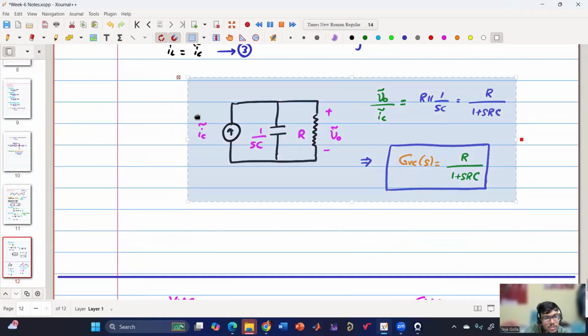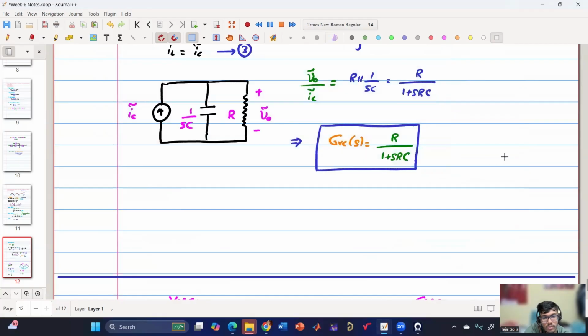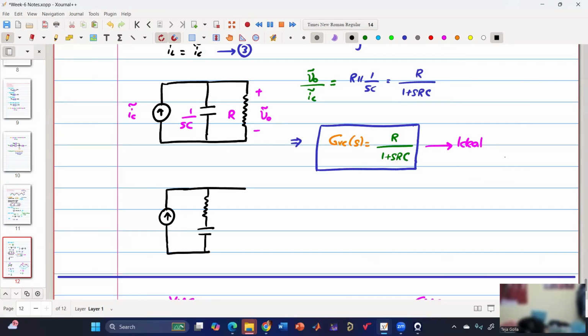Let me make some space here. So this is for the ideal case. In the non-ideal case, what I can do is, with IC tilde flowing through RC plus 1 by SC in parallel with R, giving V naught tilde.